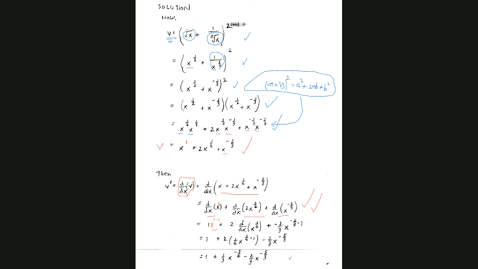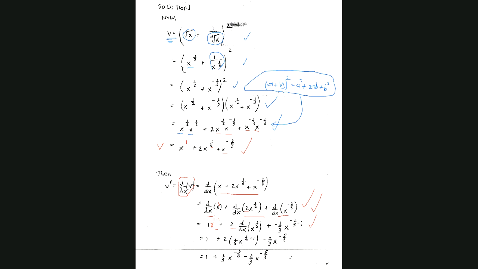The 2 for the second term, by the constant multiple rule, gets pulled out of the derivative. And then for the third part, the derivative of x to the negative 2/3, I'm just applying the power rule. So in this problem, you're using the sum rule, the power rule, and the constant multiple rule. By using Leibniz notation, you're able to really show those rules being applied, rules that are new to you.